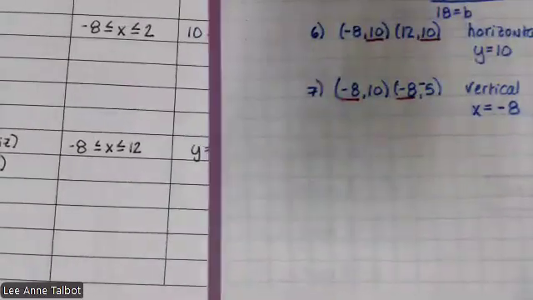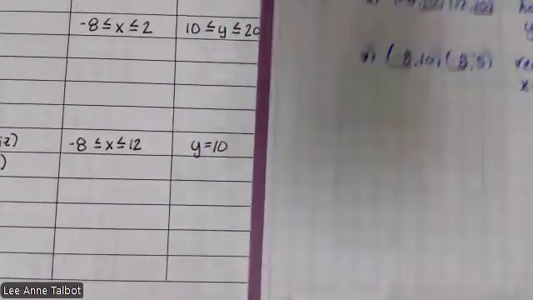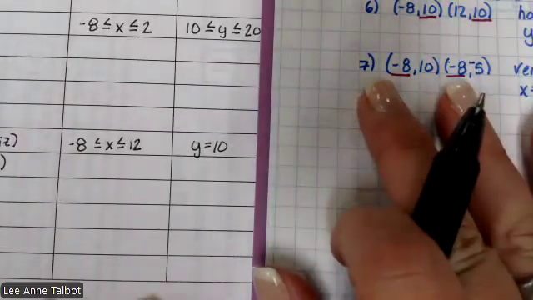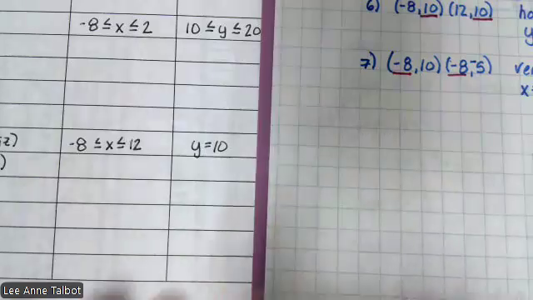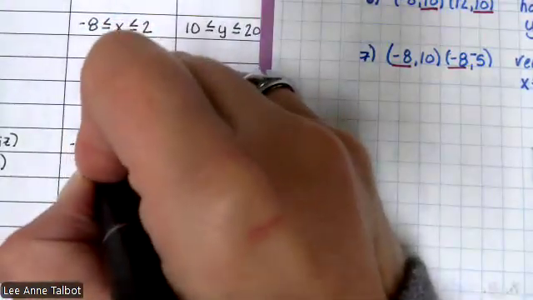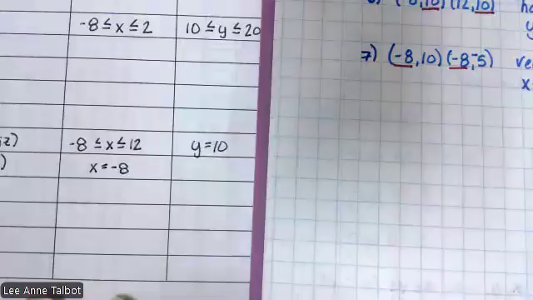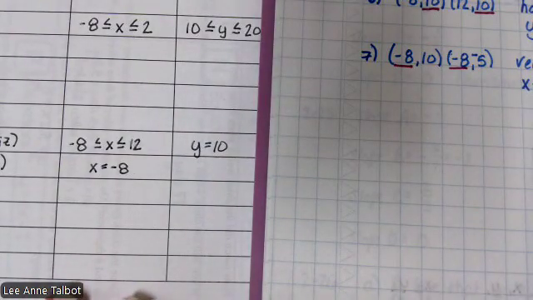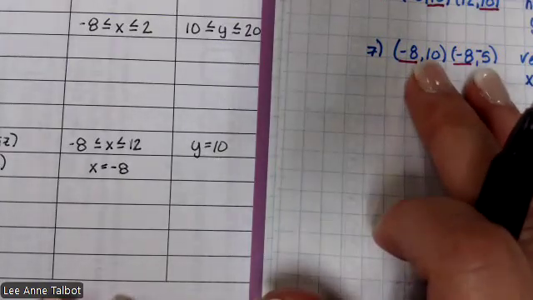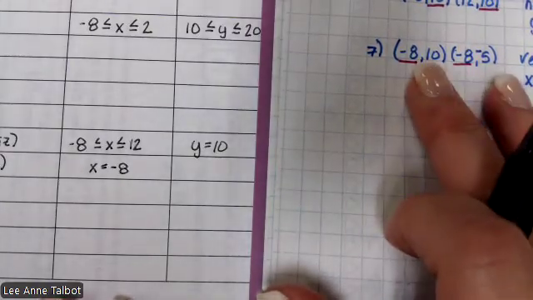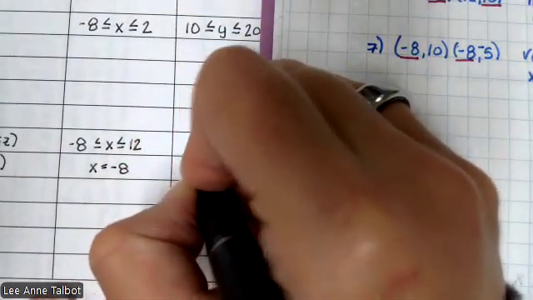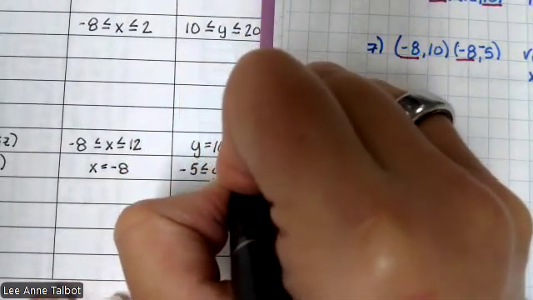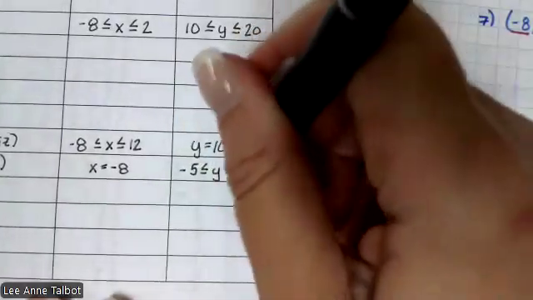And what about the domain? It's only one number. So we just say x equals -8. Okay, now for the range, you have to go least to greatest. -5 is less than 10. So we say -5 is less than or equal to y is less than or equal to 10.